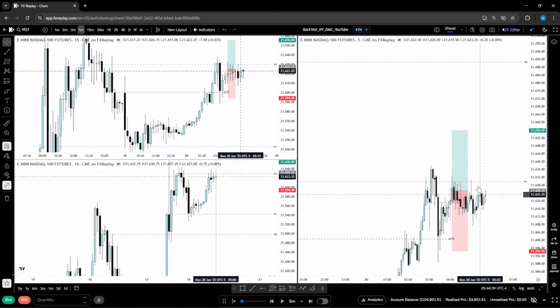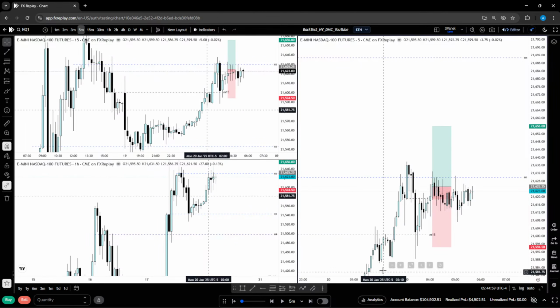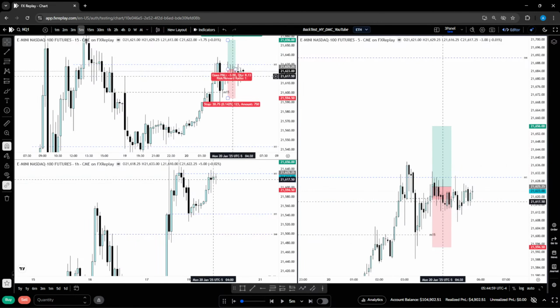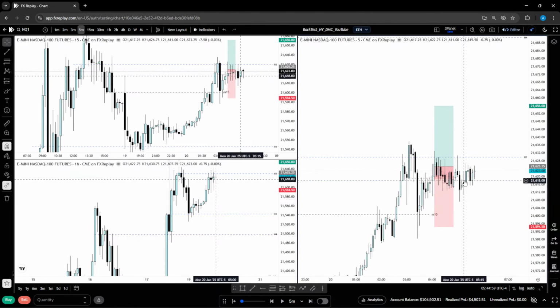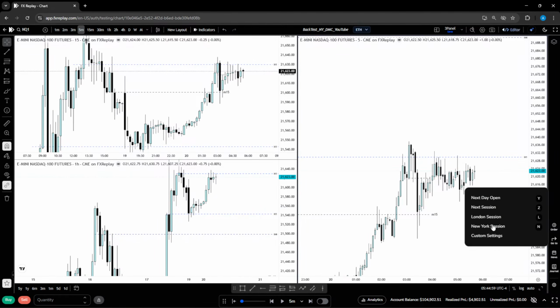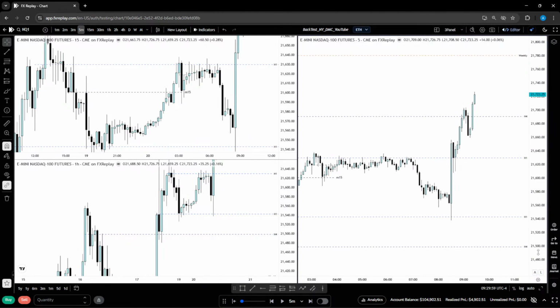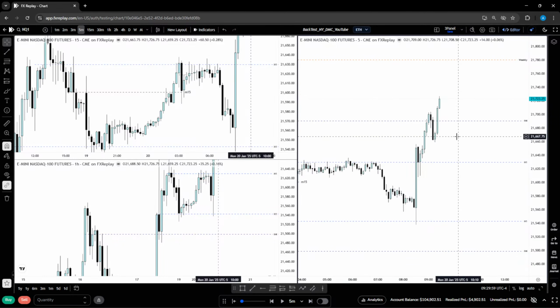Yeah, this is not a tradable situation, because at the very top of this leg, so we go to New York session. Jesus, every time there's a huge move.